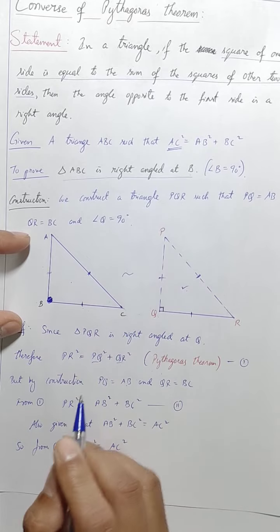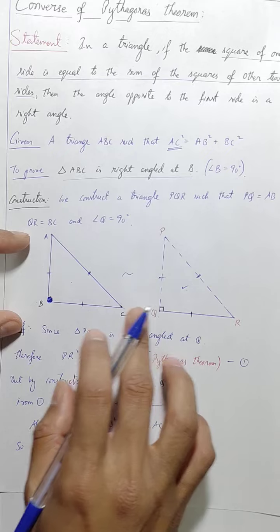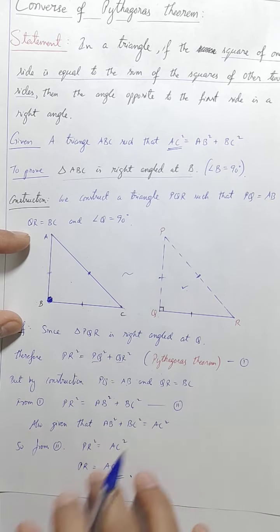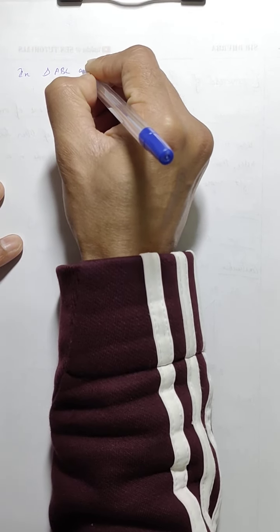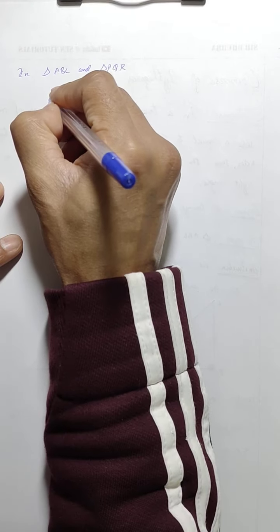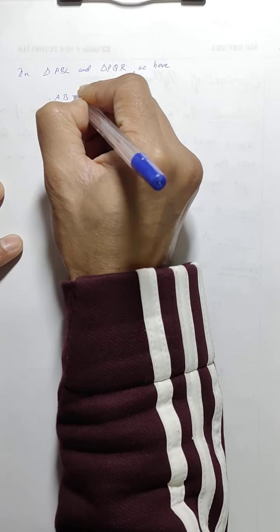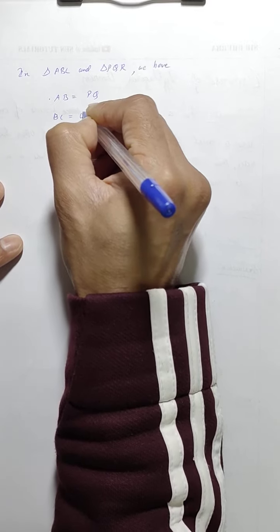Now look at these two triangles. Remember that I told you that if you could prove that these two triangles are similar, then automatically angle Q and angle B become the same and 90 degrees, job done, right? That's what we're going to do now. In triangle ABC and triangle PQR, we have AB equal to PQ, BC equal to QR.